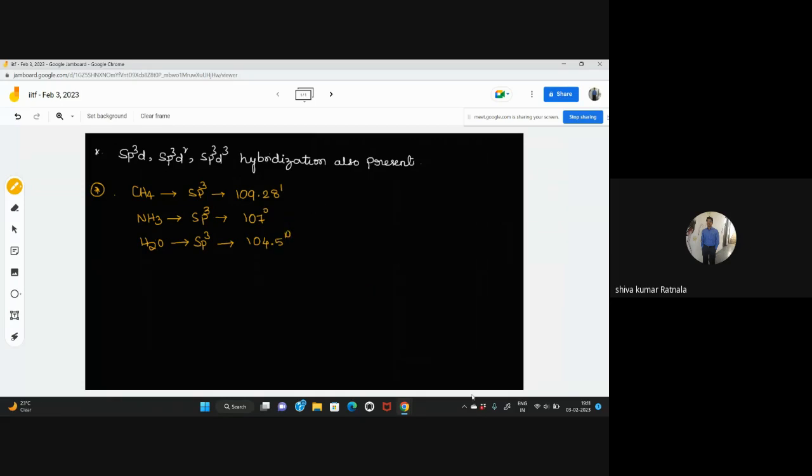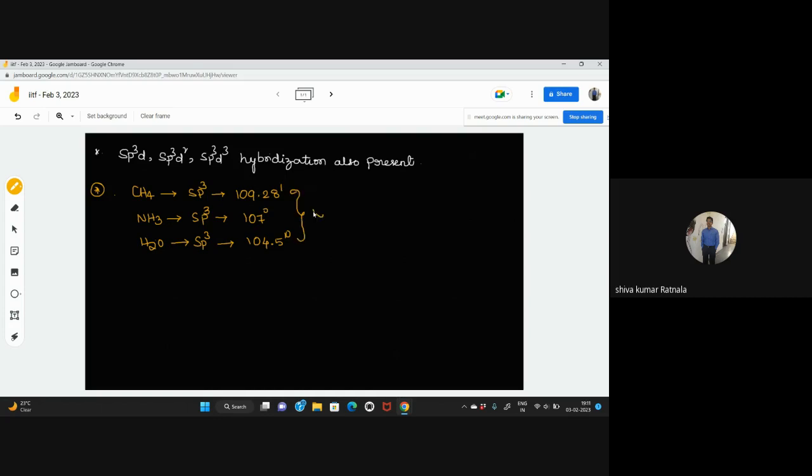Now the question is, all three have the same hybridization, but if you observe, the bond angles are different.